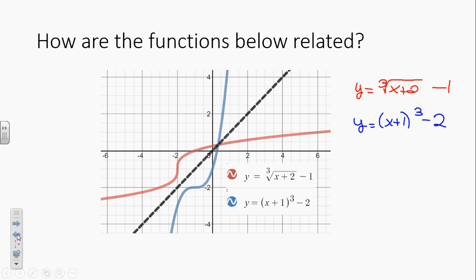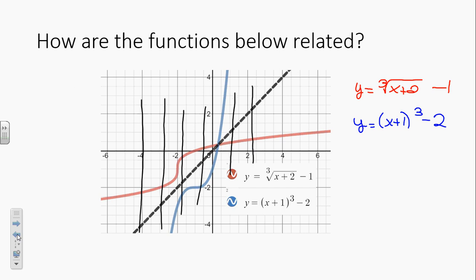Okay, if x is squared, it's okay, right? But when we take a square root, we have a positive and negative square root, then it's not going to pass it. So we can ask, is there any place on this graph where we can draw a vertical line and hit the red one in two places?